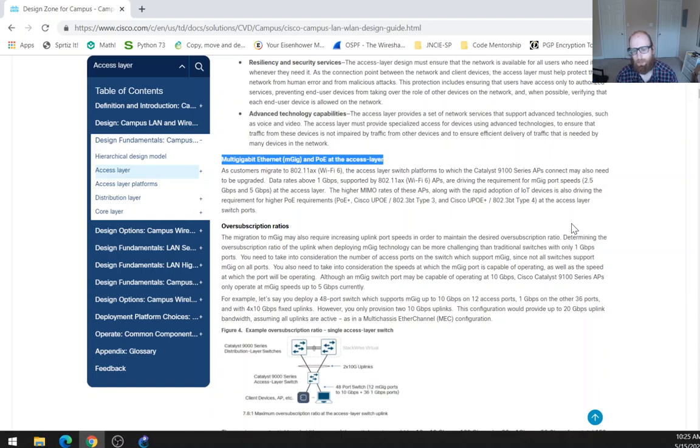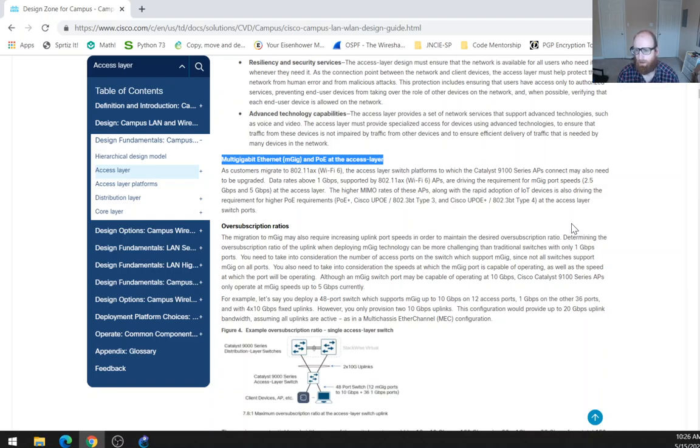You need to take into consideration the number of access ports on the switch which support mGig, speeds of 2.5 gigabits and over 1 gig, which is still kind of a new thing.